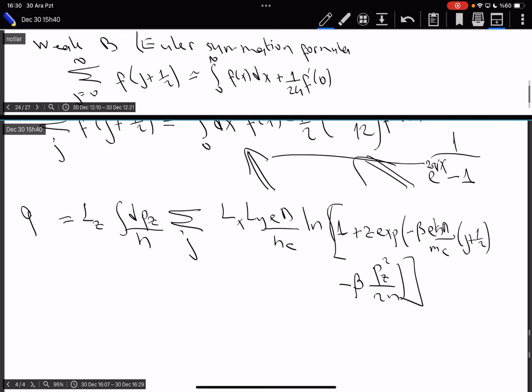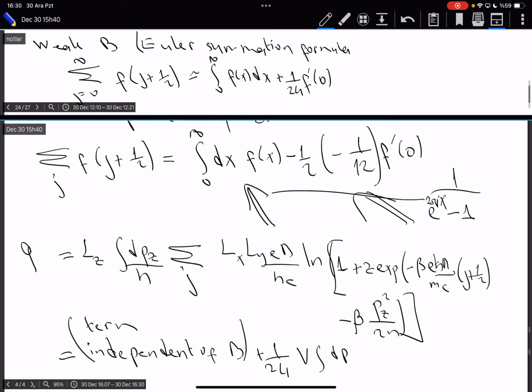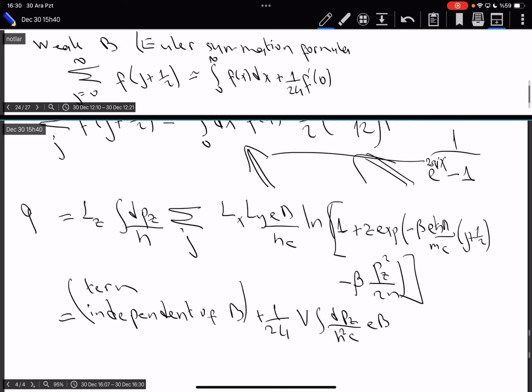You see here, if I just replace that j summation with an integration, that is a term independent of B, then I will have plus 1 over 24. Well, I need to just take the derivative of this function, which will be V dpz over h squared c, if I take the derivative with respect to j. Okay, so let me write it down.